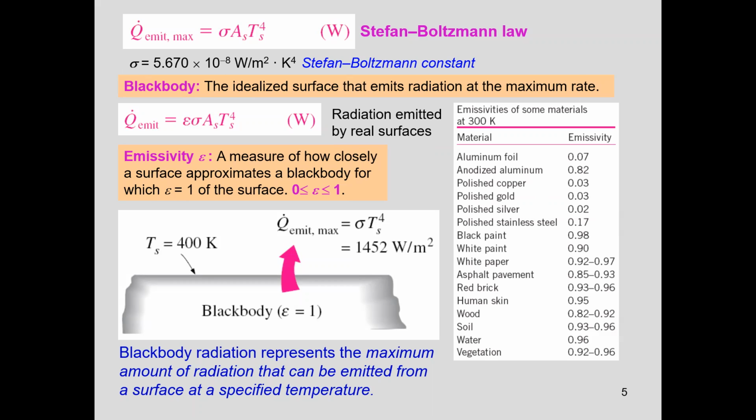The emissivities of some materials are written here. The black body radiation represents the maximum amount of radiation that can be emitted from a surface at a specific temperature.